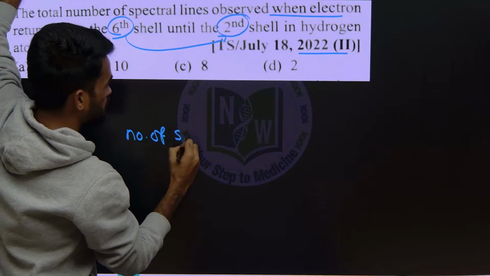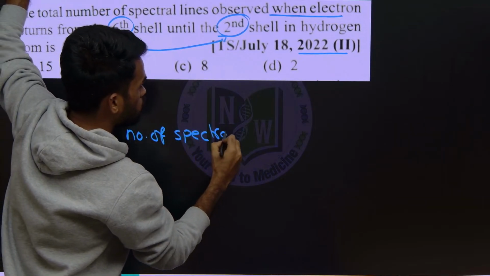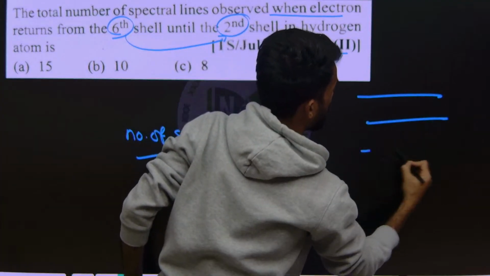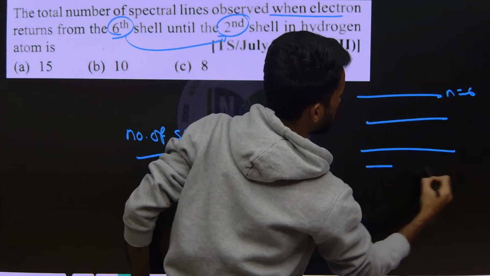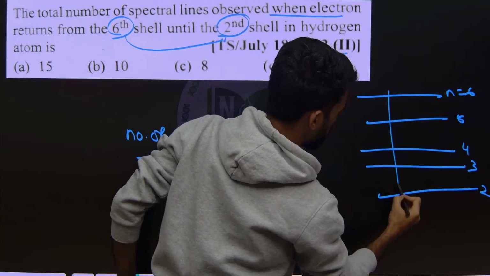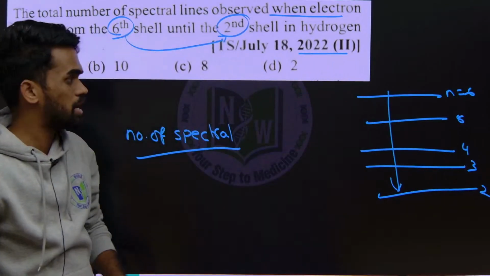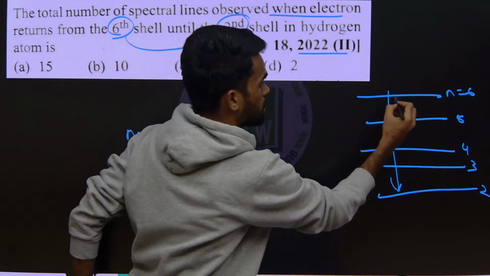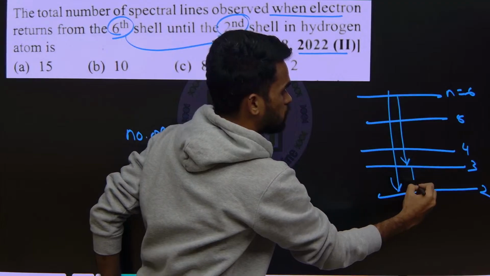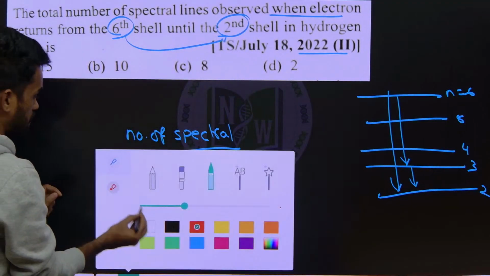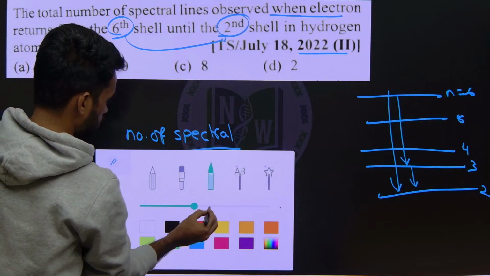You can use the traditional method, taking n equals 6 to n equals 5, 4, 3, 2, and you can count in this manner also. Electron transition can directly come from 6 to 2, or it can come from 6 to 3, then 3 to 2, like this also you can do. Or simply I told you one formula to calculate this.